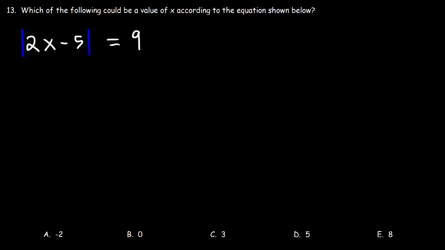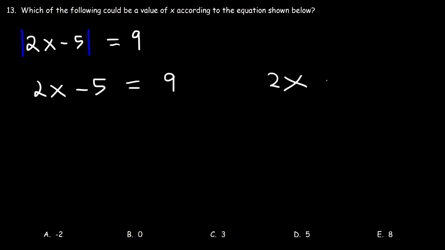13. Which of the following could be a value of x according to the equation shown below? So how can we solve absolute value equations? In this form, you need to write two equations when you get rid of the absolute value function. The first equation is the original one, 2x minus 5 is equal to 9.